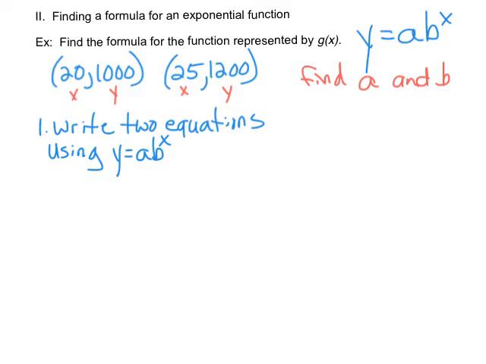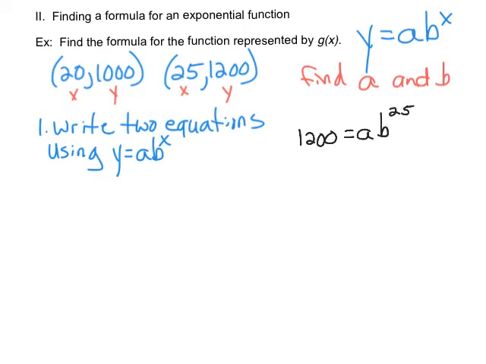If I have the larger numbers, I'm going to do them first. I'm going to substitute in for x and for y, and the a and b are just going to stay a and b. So 1200 is the y, so I'm going to say 1200 is equal to a times b, and the b is raised to the 25th power.